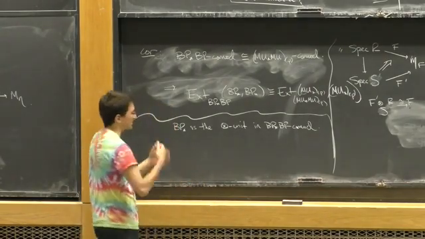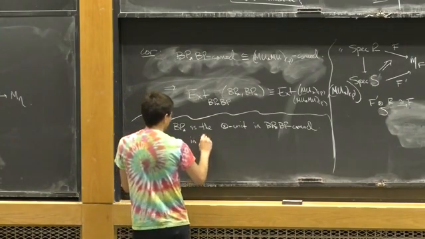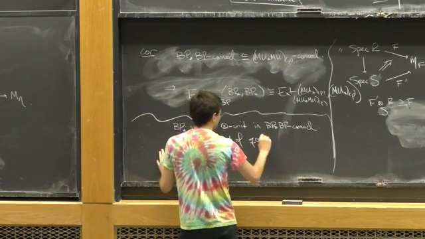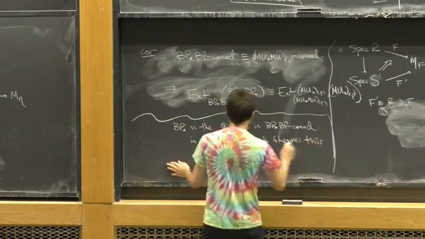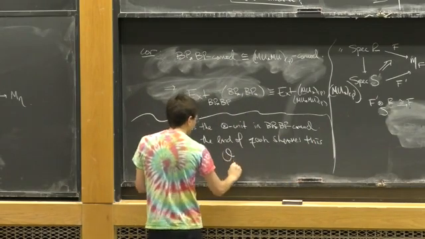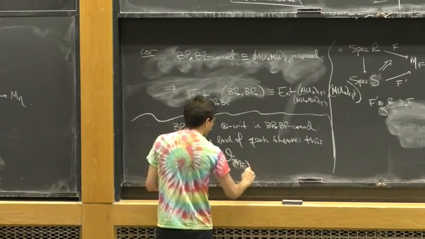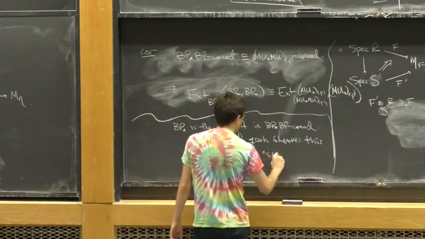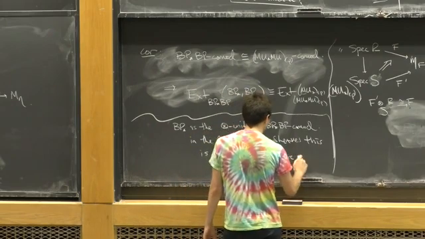Sometimes that's called the structure sheaf. So in the land of quasi-coherent sheaves, this is O of MFG, and maybe localized at P. So this is the structure sheaf. The structure sheaf is the thing such that sections of it are functions on your space.